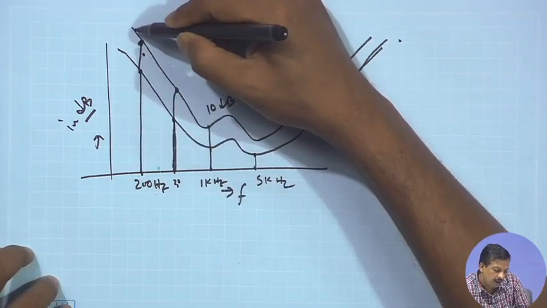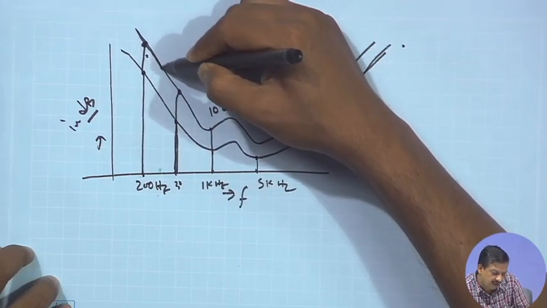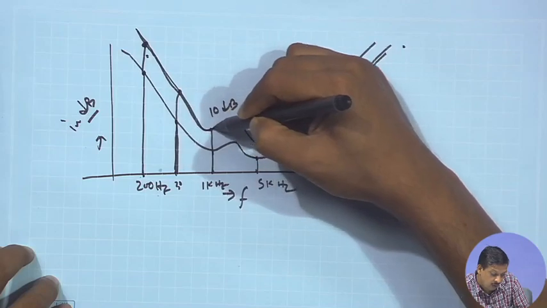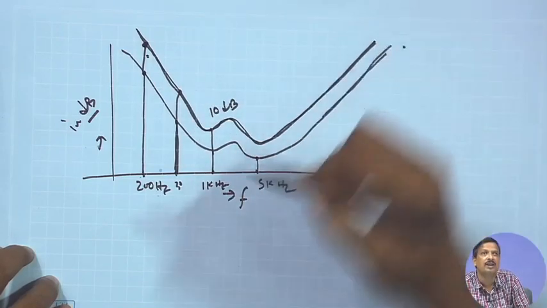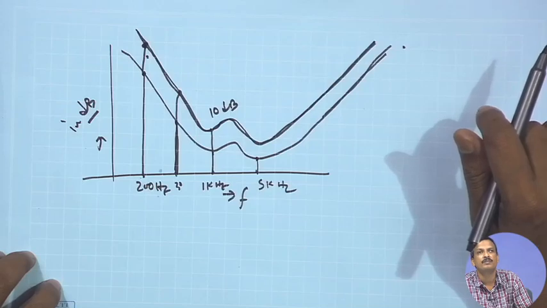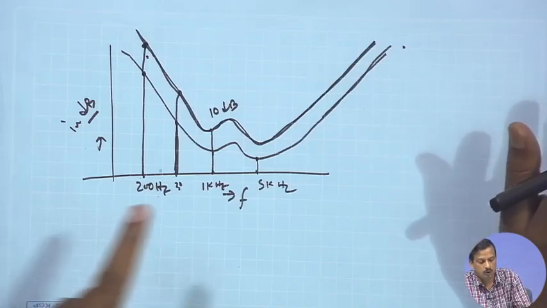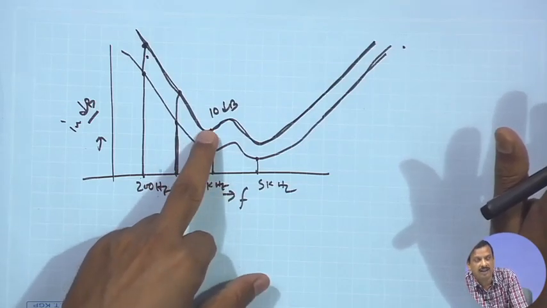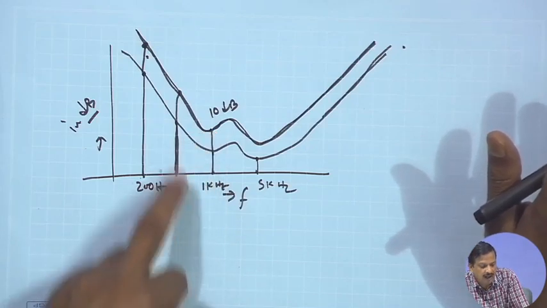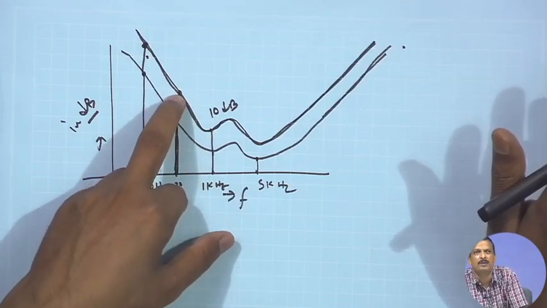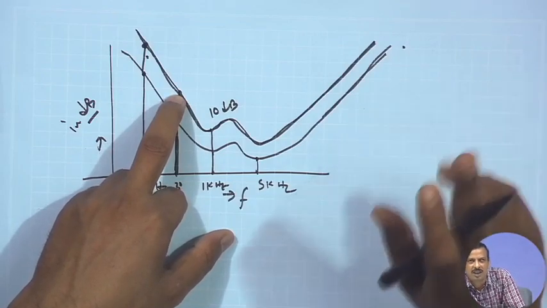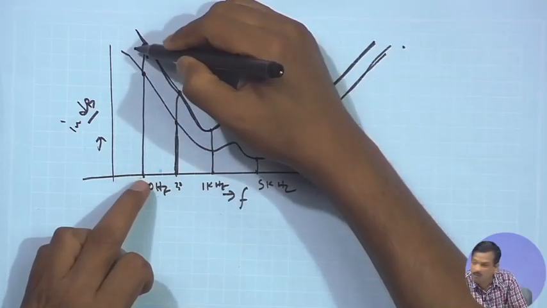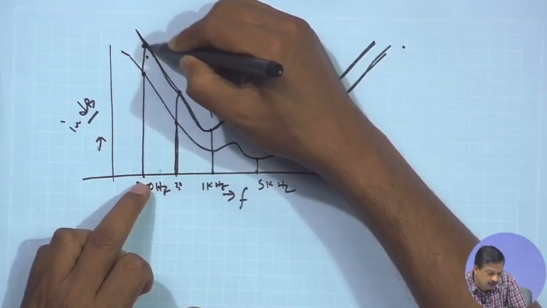But along this line, the loudness which I perceive will be the same. For 1 kilohertz it is 10 dB, maybe for 300 hertz I require 20 dB intensity. But if I perceive that sound, the loudness will be the same.